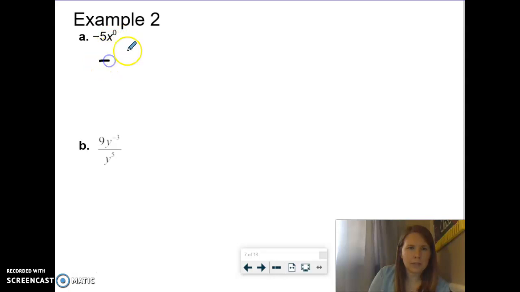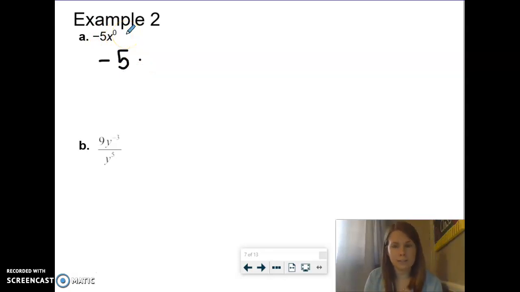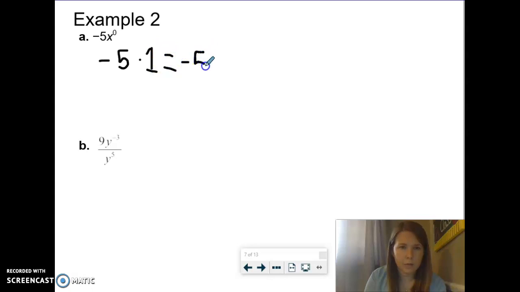So really it's like saying I have negative 5 times whatever x to the 0 is. Now, no matter what x is, for the most part, I'm going to assume that it's something positive or negative, and it's not 0. So anything to the power of 0 equals 1. So really, I'm having negative 5 times 1, which is just negative 5.